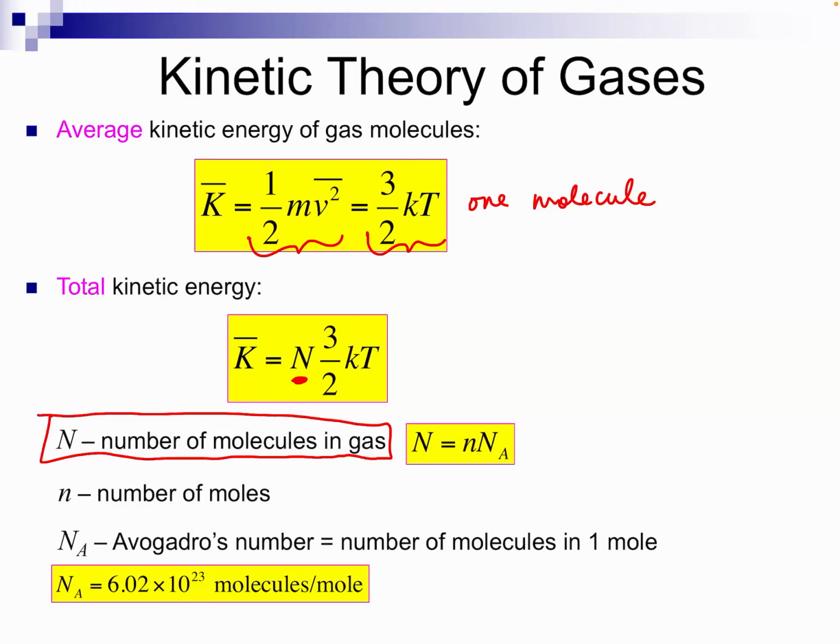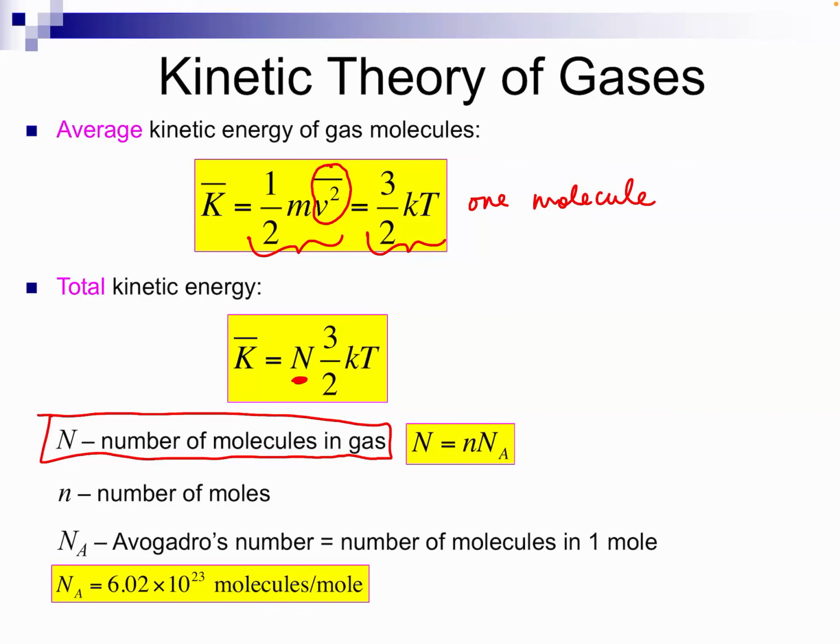All right, now let's deal with this mv². What is this v² average, and how do we calculate it? As I mentioned earlier, inside this balloon you have many gas molecules or gas particles, and they're moving randomly.